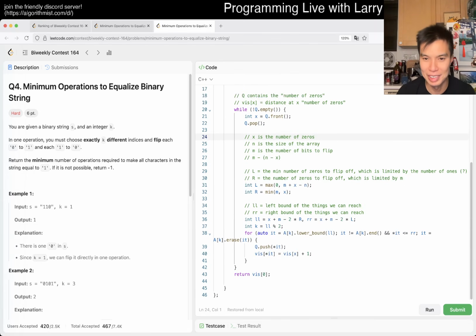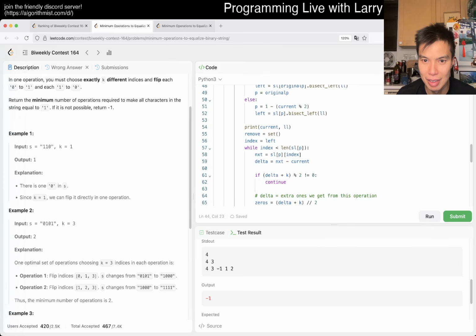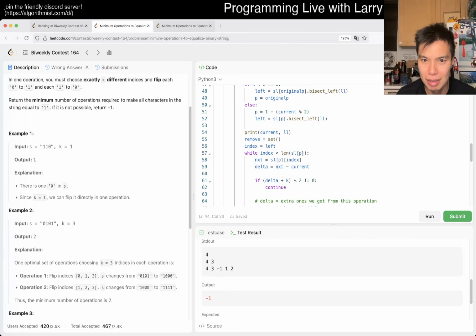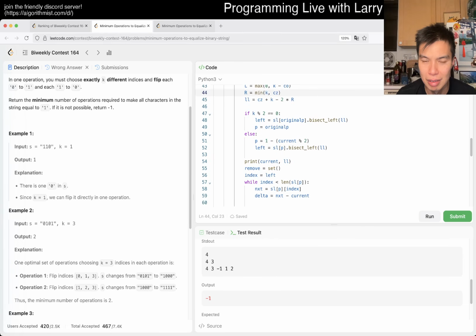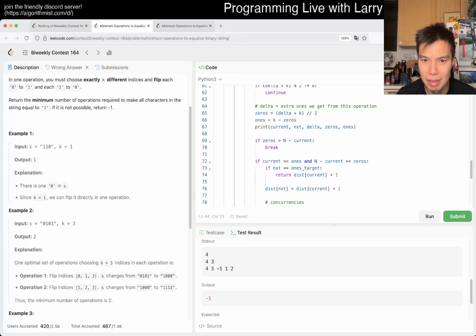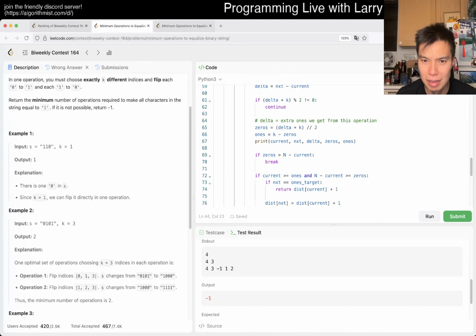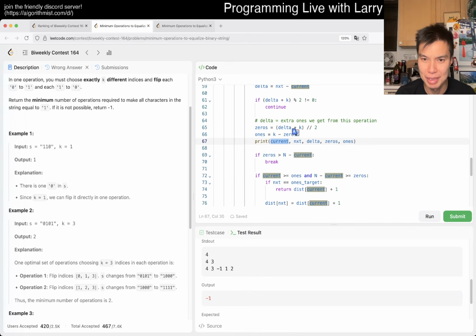No, their code is very, let's try to figure it out. 4, 3.